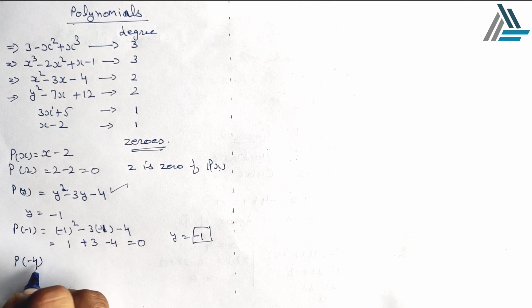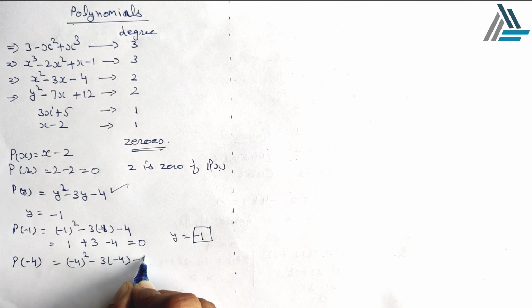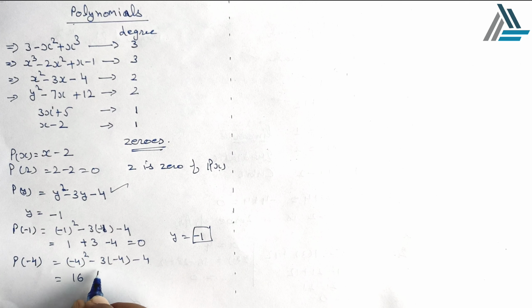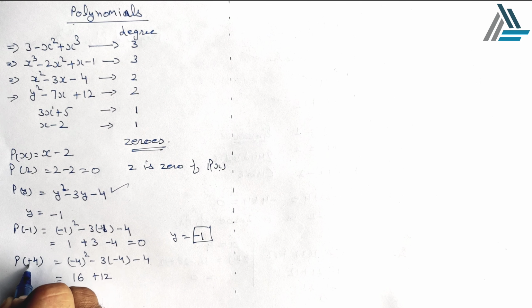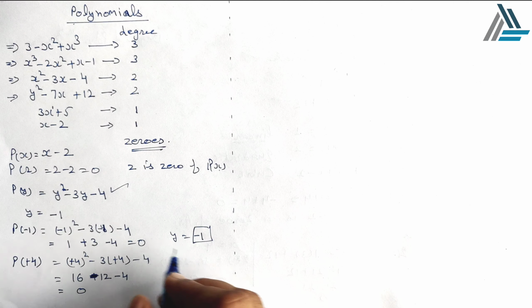Minus 4 square minus 3 multiplied by minus 4 minus 4 becomes 16 plus 12. The number is 4, not minus 4. If we put the value 4, then it becomes 16 minus 12 minus 4, which is again 0. Hence we get one more zero of polynomial p(y), that is 4.